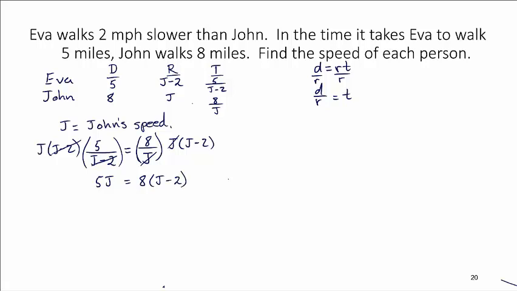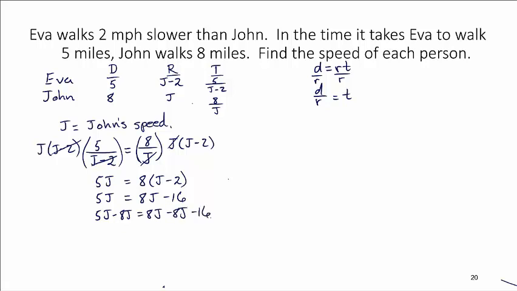I'm going to distribute 8 through, so I have 8j minus 16. And I've got to solve for j, right? So I'm going to subtract 8j from both sides.